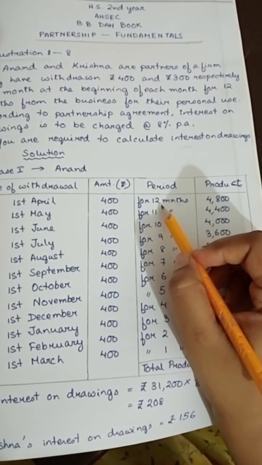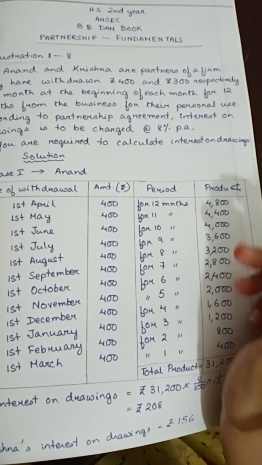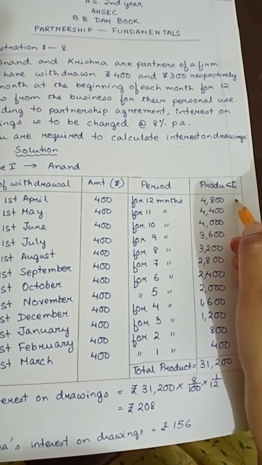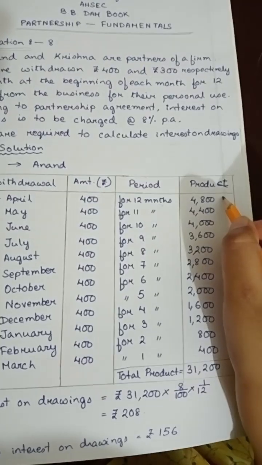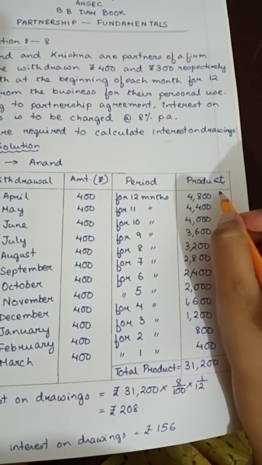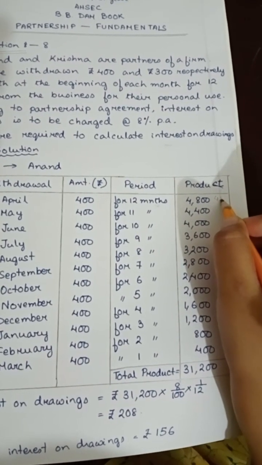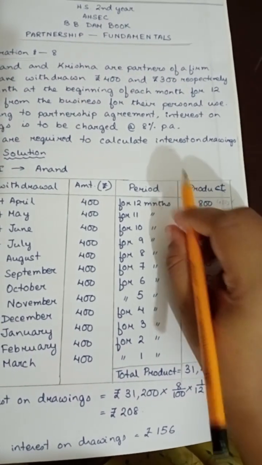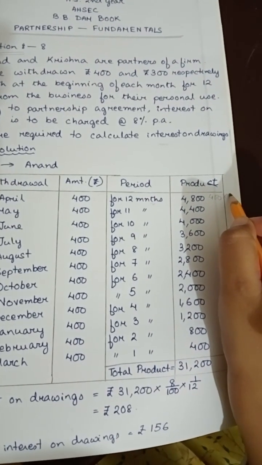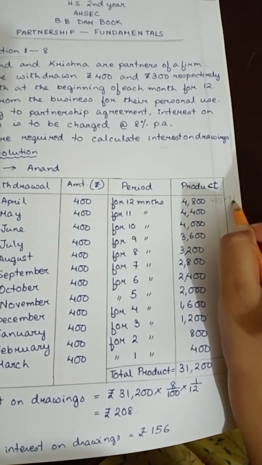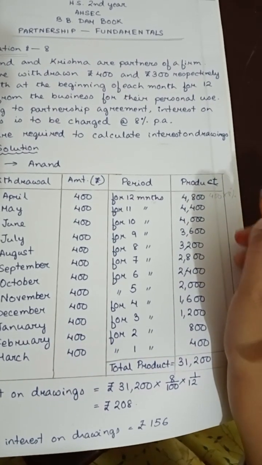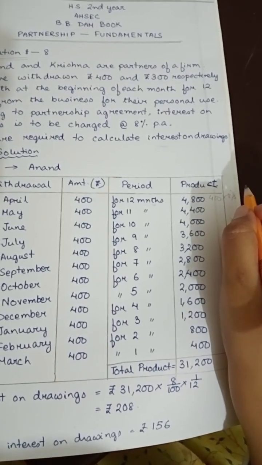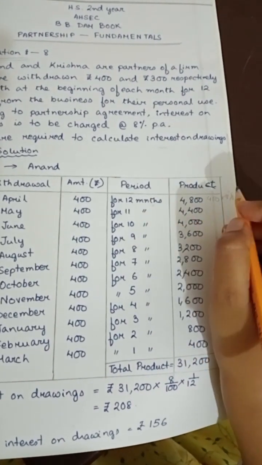So 400 into 12, it is 4800. You see here, rupees 400 is withdrawn. 400 into rate of interest is 8%. So we put here 8% into, it is for 12 months, yes or no?